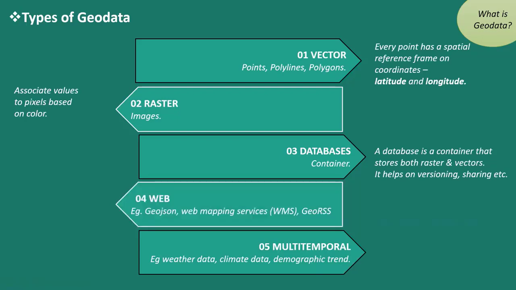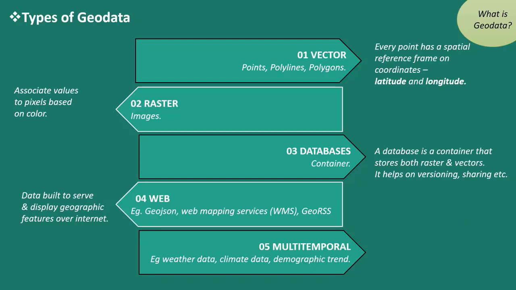We have the web files. As the internet is now an online library, spatial data has adjusted itself in order to be easily accessed and shared via internet. So they have a specific format, like GeoJSON, web mapping services, and GeoRSS, which are the most famous ones. It's a way where we can easily share and store data via internet.